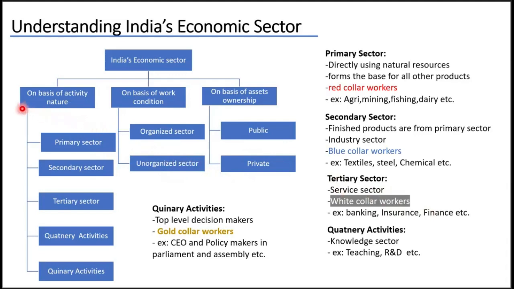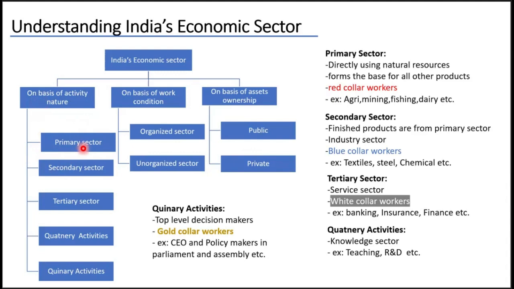Finally, on the basis of activity nature. So this is one of the important sectors we should understand because most of the companies which run their business come under this sector. So on the basis of activity nature, we have primary sector. Primary sector, which is directly using the natural resources.